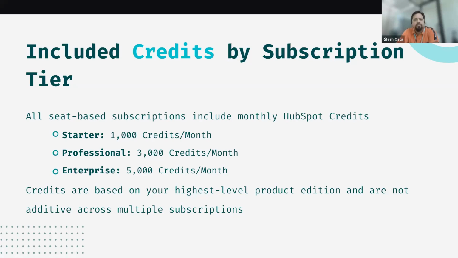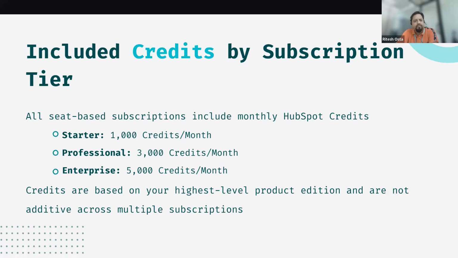Okay, so I'm going to show you in my HubSpot as well. I have got a professional Sales Hub package, so I get 3,000 credits per month for free. I'll just show you around so that you get an idea of how these things look. Credits are based on your highest level product edition and not additive across multiple subscriptions.